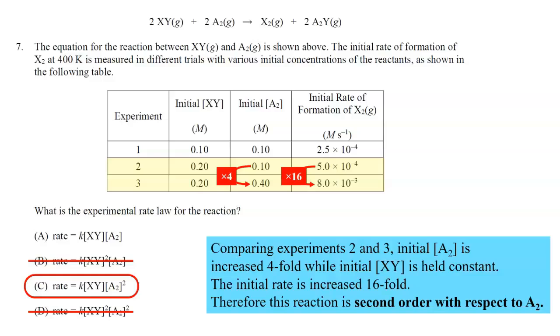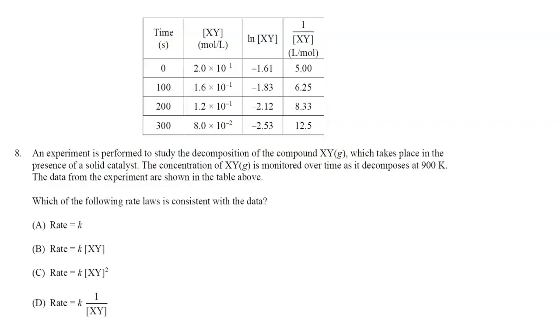Now, let's take a look at question 8. In question 8, we are given a data table, and it says, an experiment is performed to study the decomposition of the compound XY, which takes place in the presence of a solid catalyst. The concentration of XY is monitored over time as it decomposes at 900 Kelvin.